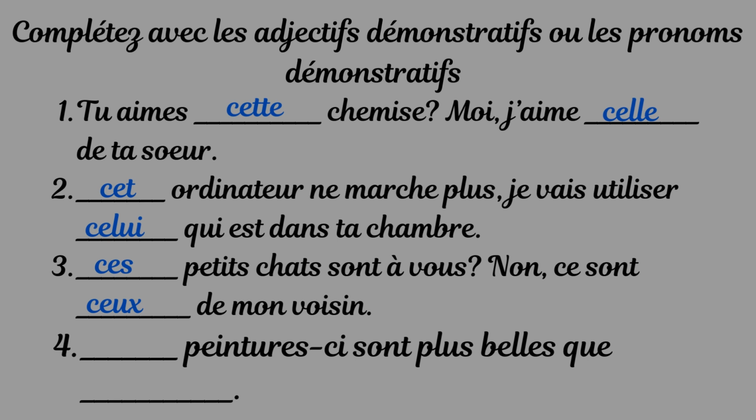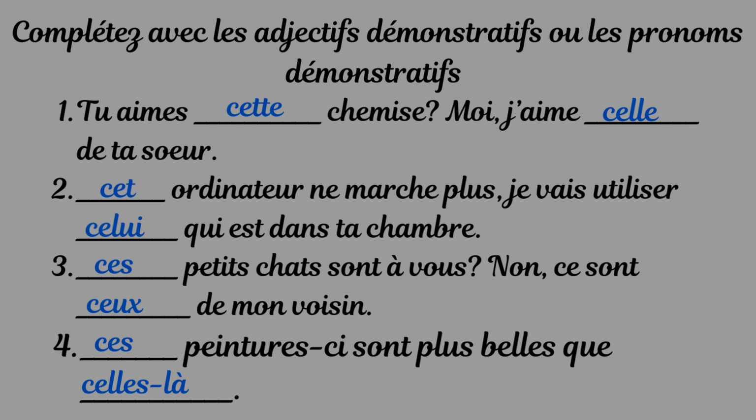Next one, dash peintures sont plus belles que dash. Peinture is a noun and it's feminine plural, so we'll be using ces. Now here, because we are doing comparison, that's why we'll be using celles. These paintings are more beautiful than those ones.